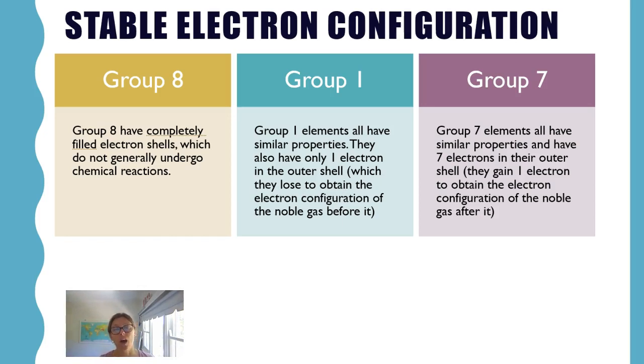So they will be hoping to lose that 1 electron to gain that stable full shell. Group 7 has 7 electrons in their outside shell, and they all have 7 in their outside shell, all wanting to gain 1 electron to again get that noble gas configuration. The only thing we can see here with regards to our periodic table is that hydrogen, while it is not a metal, not an alkali metal, is positioned in that group 1 part of the periodic table.